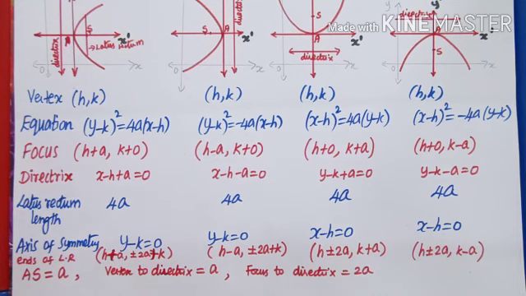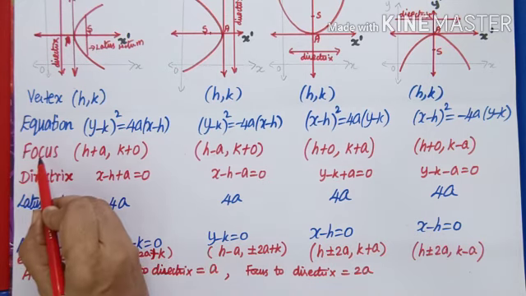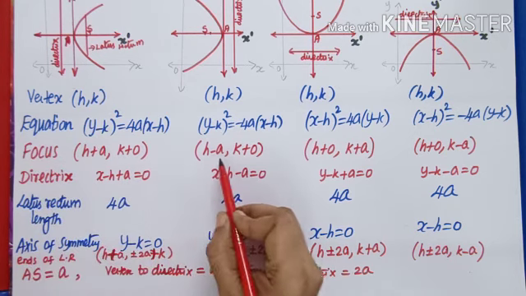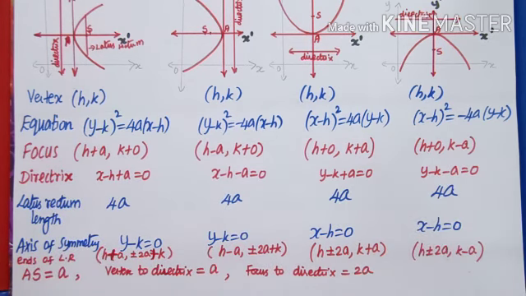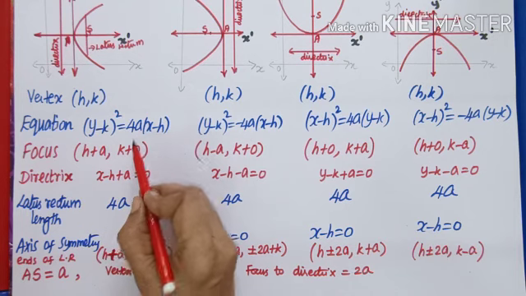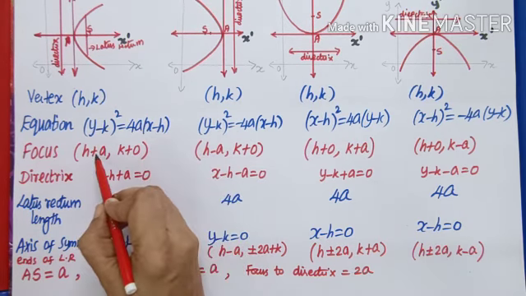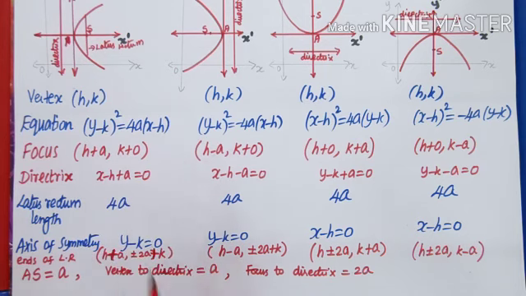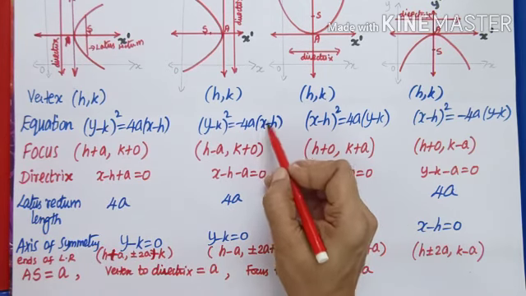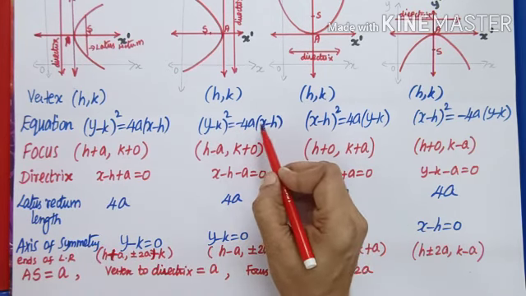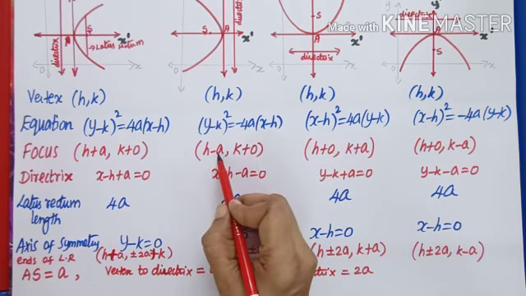So remember the technique of remembering the formula. Focus will be, in all the cases, h comma k. Here add a, 0. Look at this, this is a with x. So with x you add a, the other one is 0. Here also x only is coming but minus a, so with x you put minus a.